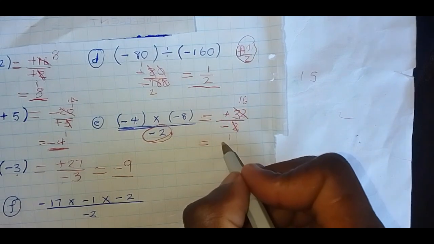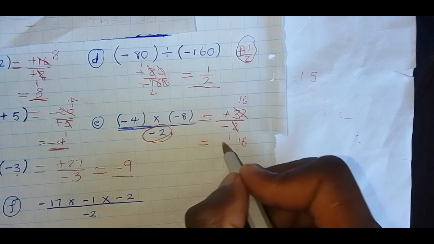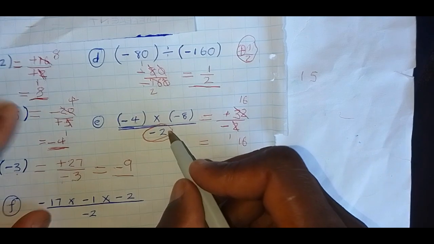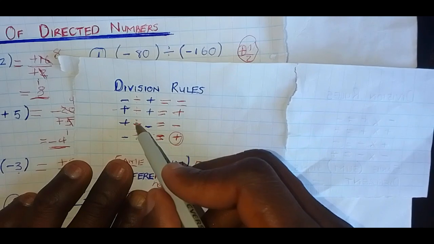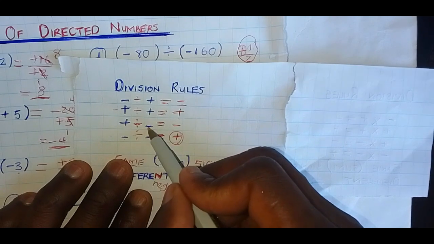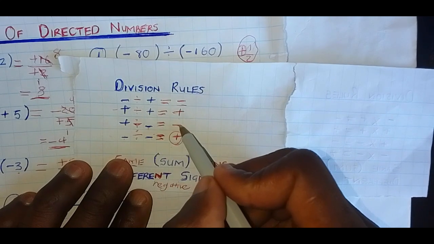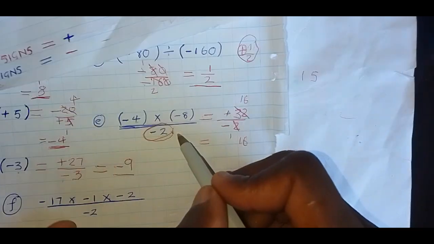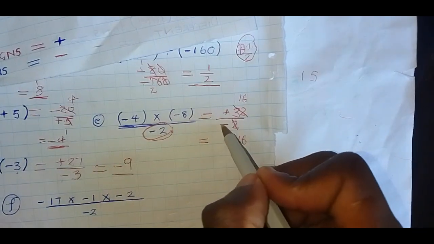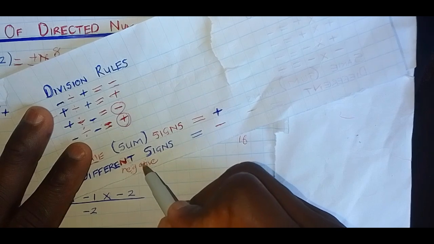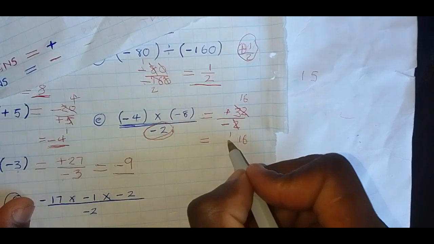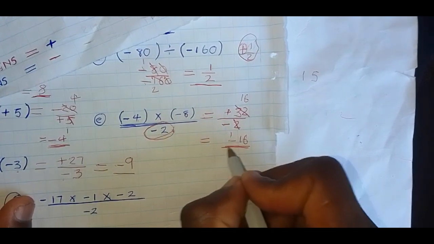I'm sure we can all agree there. 16. Then the sign. We have divided a positive number by a negative number. Our answer is definitely going to be negative. Or remember, different signs, negative. So now we have negative 16 as our final answer.